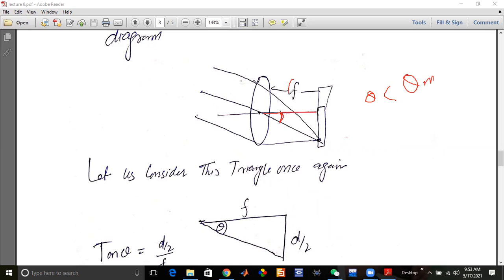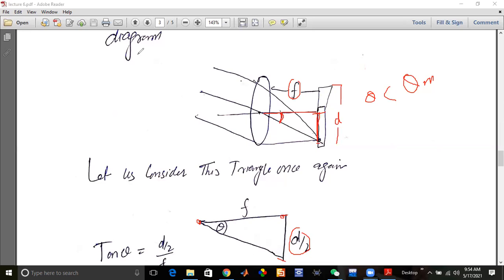This value is equal to f. And what is this distance from that point to this point? You know that this is the whole diameter of the spherical lens, and this is the center. So the distance from the center to the edge is d by 2, and the distance from this point to this point is f, which is the focal length.